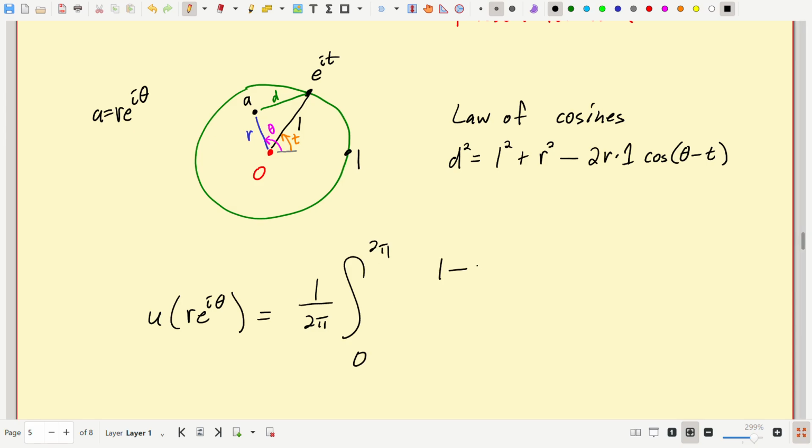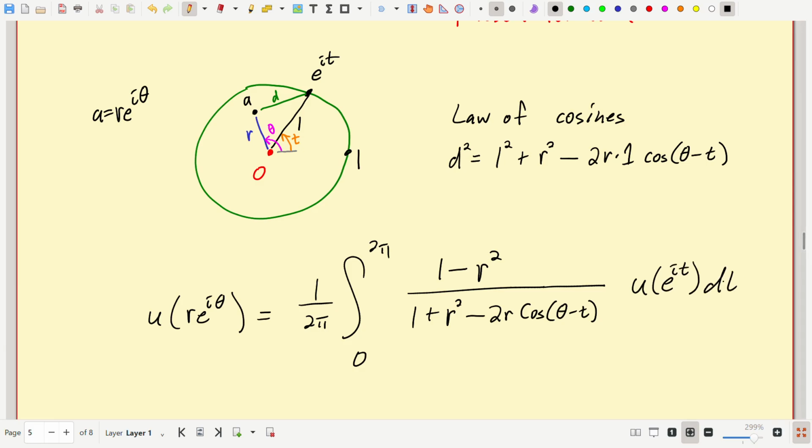Famous formula, 1 minus r squared over 1 plus r squared minus 2r cosine theta minus t. And here we put u of e to the it dt.